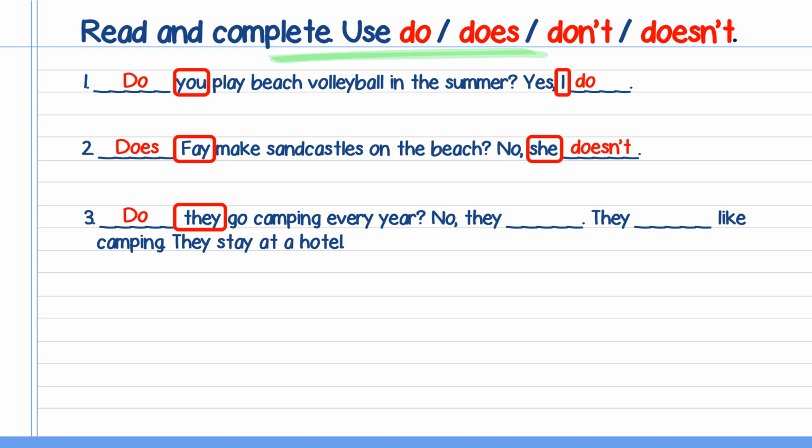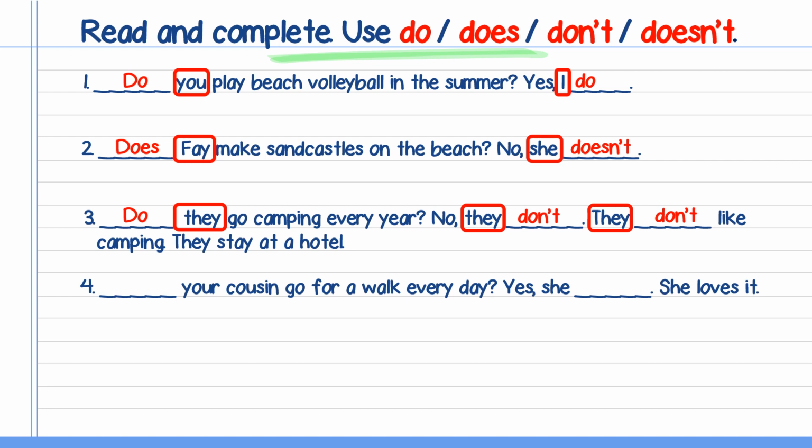The second keyword is they. So the answer, no, they don't. And the next keyword is they. Okay, read this sentence again. They like camping. They stay at a hotel. So the answer is they don't like camping. They stay at a hotel.